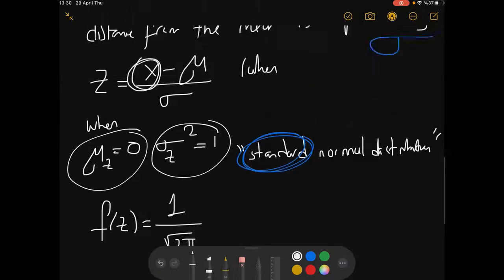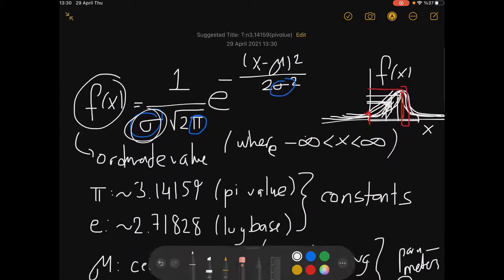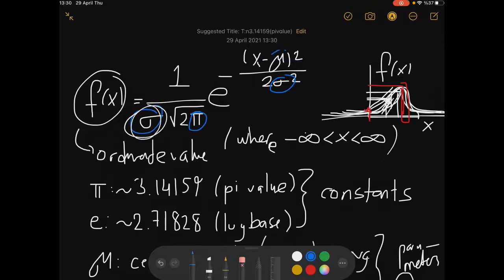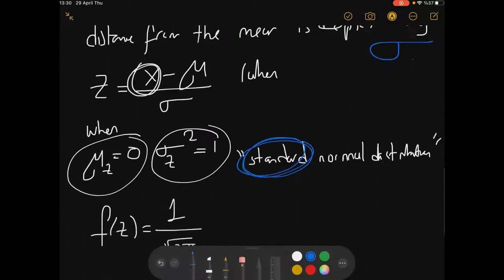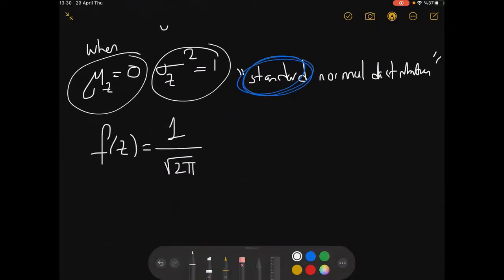You will put here, for example, 0, and you will put here 1, and your function will be reduced to this one, and it will be much more convenient to calculate the area under the curve this time.